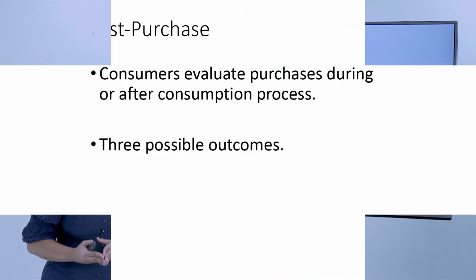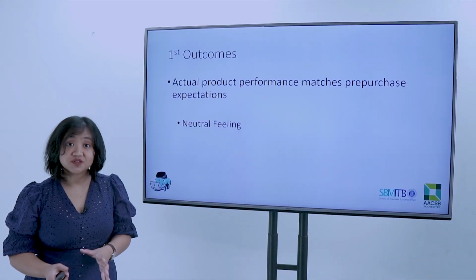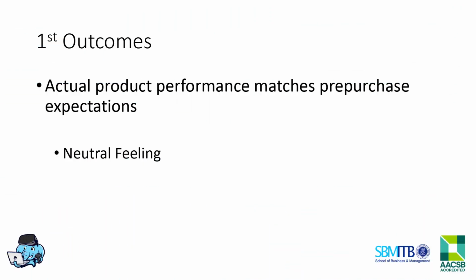And for post-purchase, this is the process when the consumer evaluates the purchase during or after the consumption process. In this case, we have three possible outcomes. The first outcome is when we find the actual product performance matches the pre-purchase expectation. In this situation, we have neutral feelings.